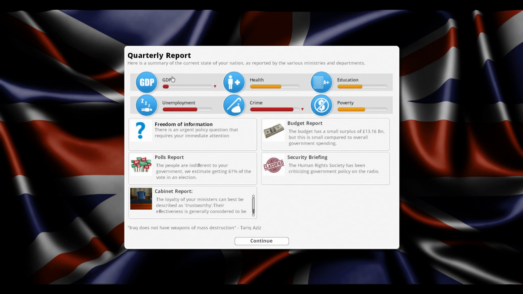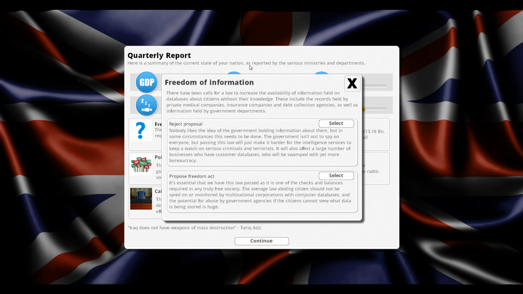Our GDP is going down instead of going up. Our crime is going down, so that's great as well. Freedom of information. There have been calls for a law to increase the availability of information held on databases about citizens without their knowledge. These include the records held by private medical companies, insurance companies and debt collection agencies, as well as information held by government departments.